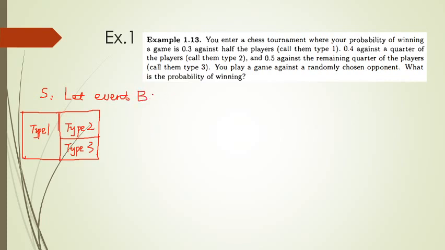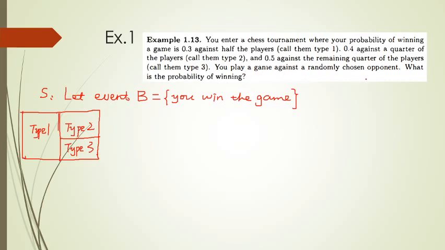So event B will be: you win the game. And we don't care about which opponent you had. That is the question asked: what is the probability of winning?